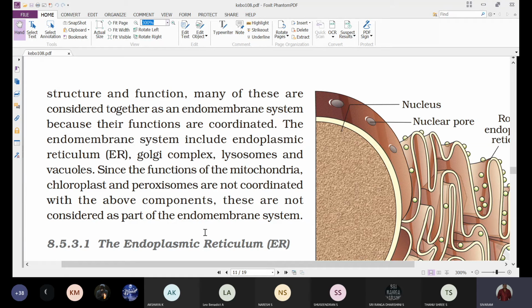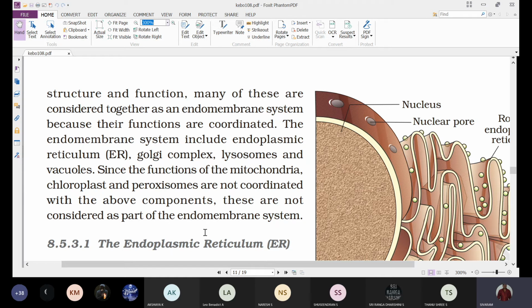That's why not all membrane bound organelles come under the endomembrane system. Only those cell organelles which are surrounded by membrane and whose functions are coordinated come under it. There are other membrane bound organelles which are not included.